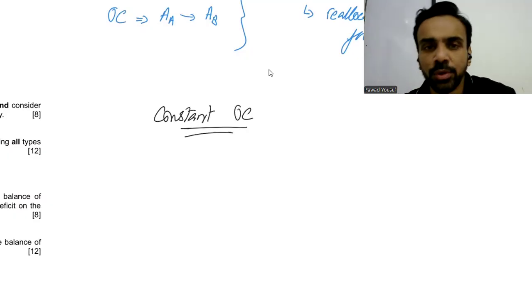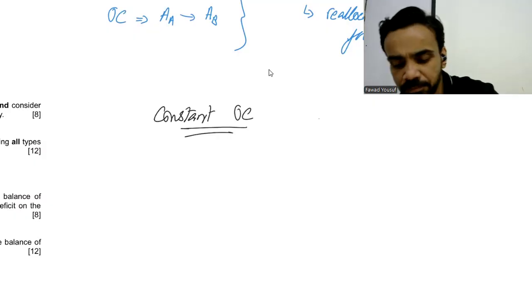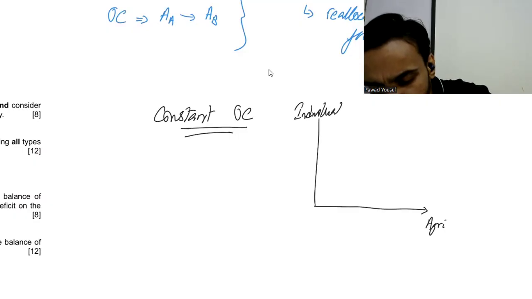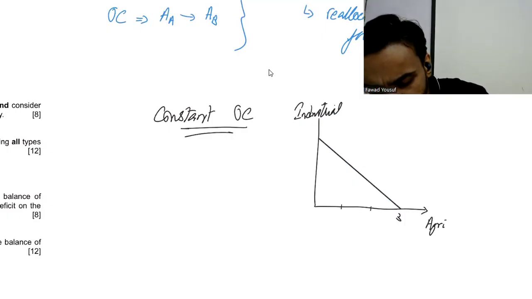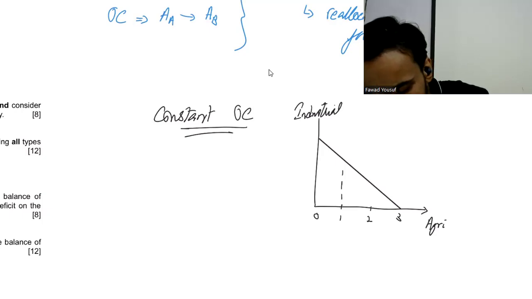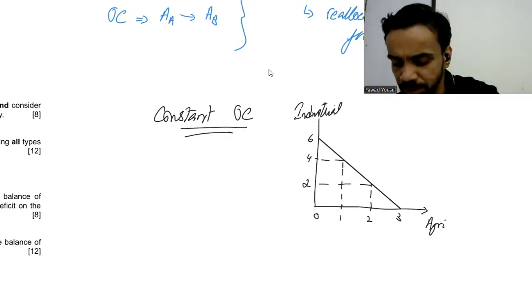So the first thing that we know in this concept is, you know how when we make the PPC curve between, let's say, agriculture and industrial, the constant opportunity cost shows a straight line like this, which means that every time I am increasing the production of this, my opportunity cost, I'm writing some numbers here, I'm not writing 1, 2, 3 for a reason.